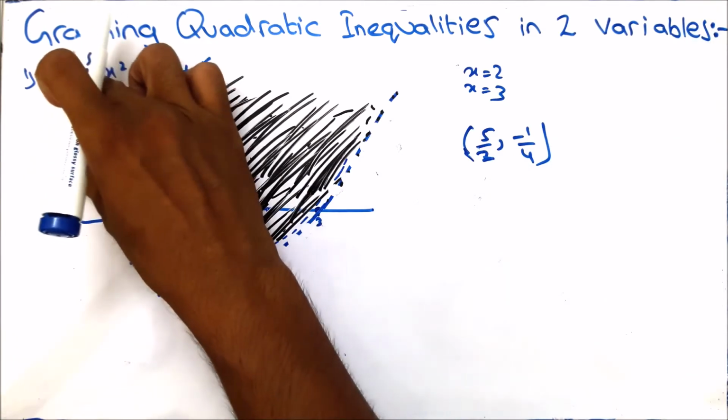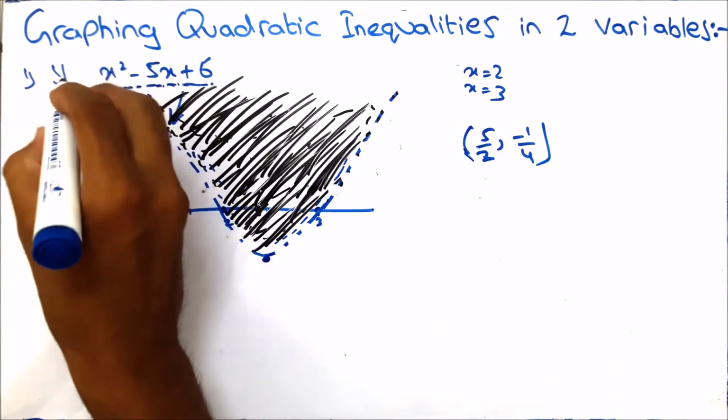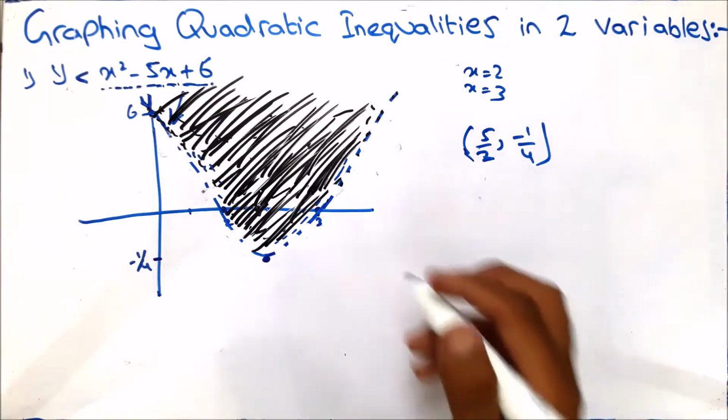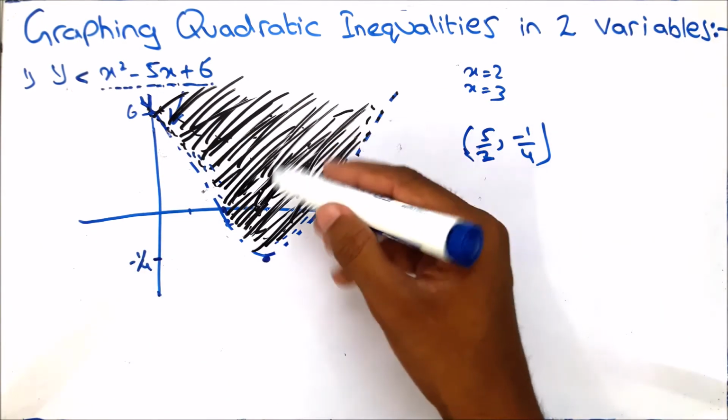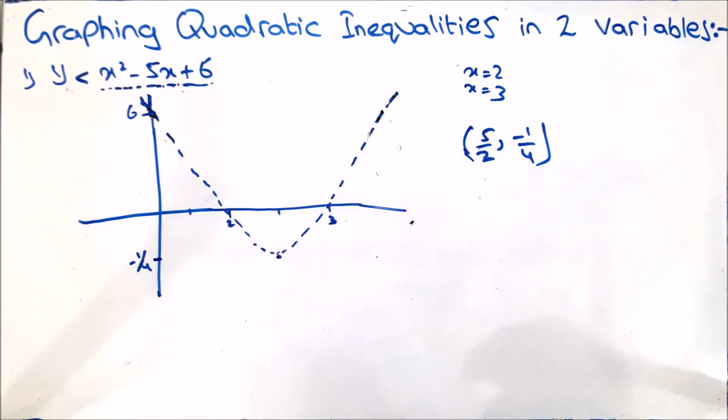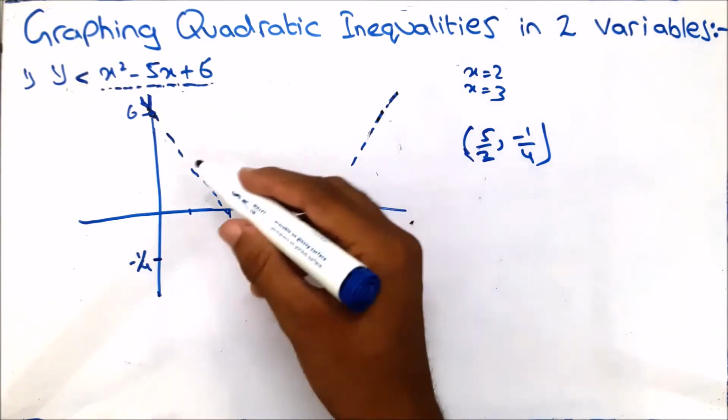Okay, what if I revert this sign? I make y is less than. I'll just erase it and shade it again to keep it clean. Okay, so now we have this.